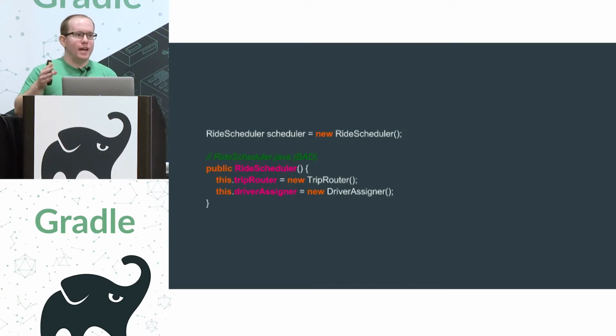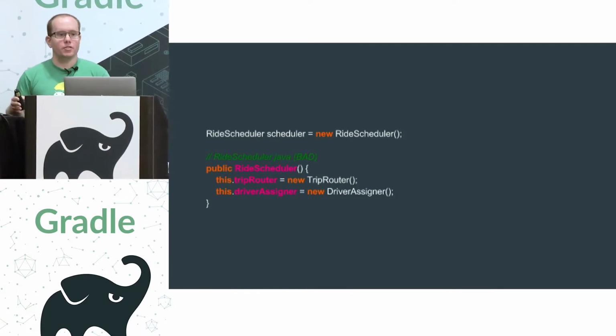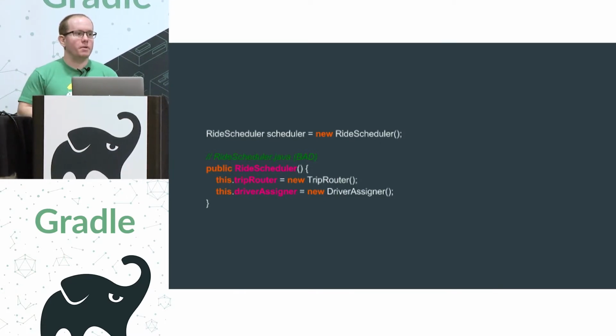We also can't A/B test a different trip routing algorithm. That's a request that we might see come from marketing. Hey, we want to try this way of getting from point A to point B. Please A/B test that. We're going to have trouble doing that. Or marketing might come and say, hey, we have these VIP customers, and we want to match them with certain VIP drivers. Please implement that behavior.